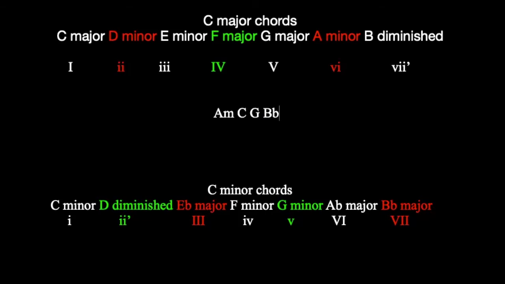Now that does give us a bit of our G minor, but it's a totally different sound. Just because the B flat is what switches the G major to a G minor. So in G major, the B is what makes it a major, and the B flat is what makes the G minor a minor. So now instead of playing the G minor, we're going to play that B flat major.